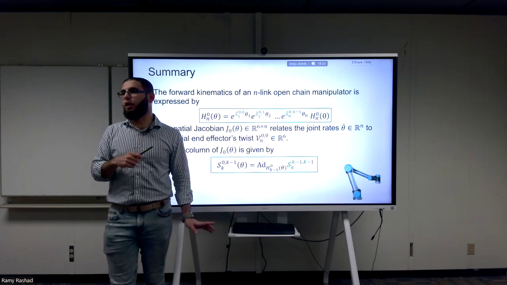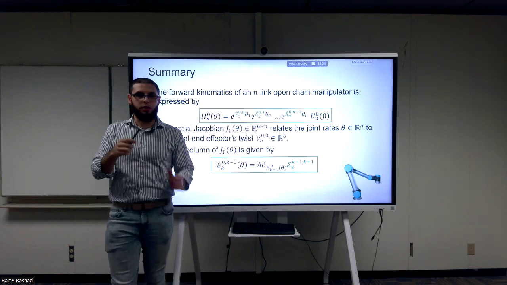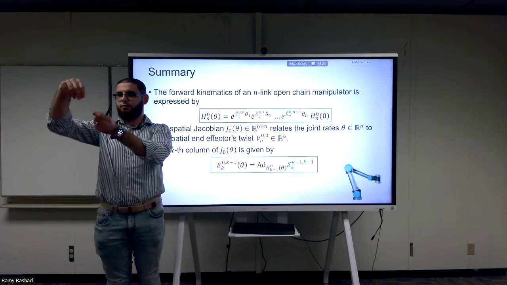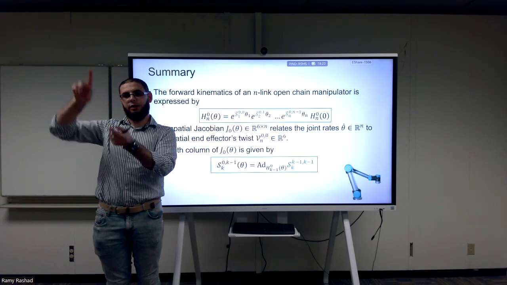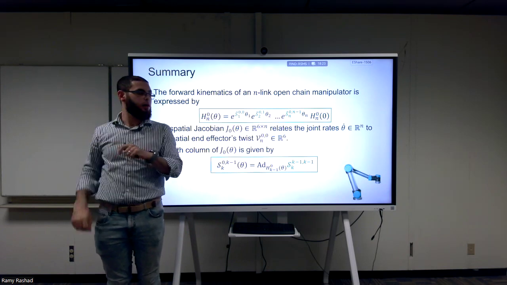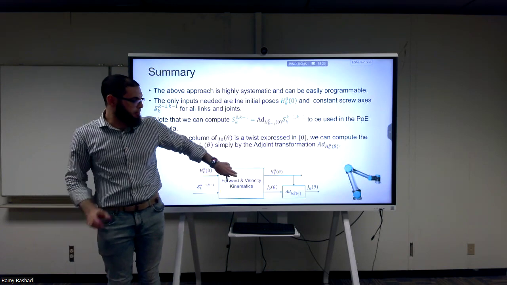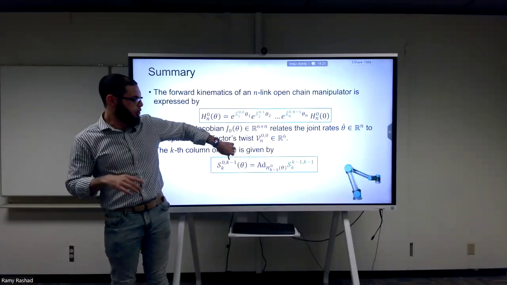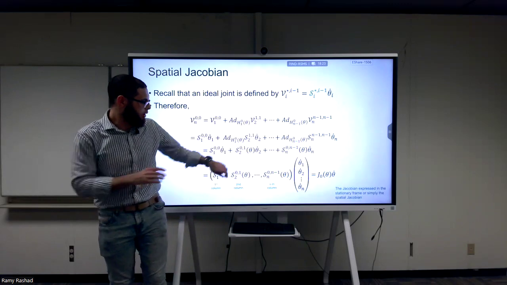For the quadrotor, we already did that. The quadrotor had unit axes where the propellers apply the thrust, and you had something like the Jacobian. It's not the same, but you had something like it. Let's go back.